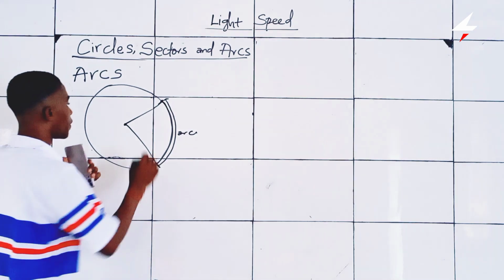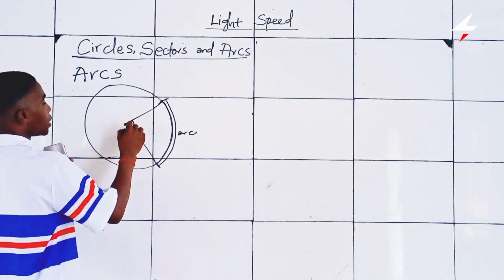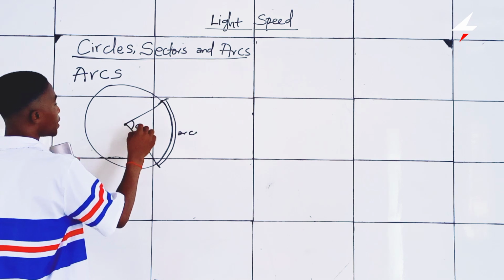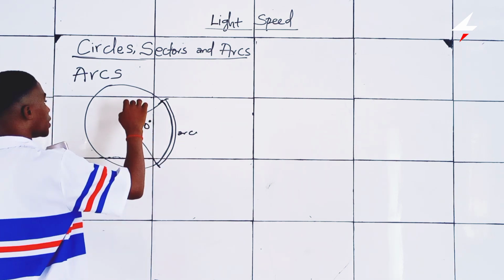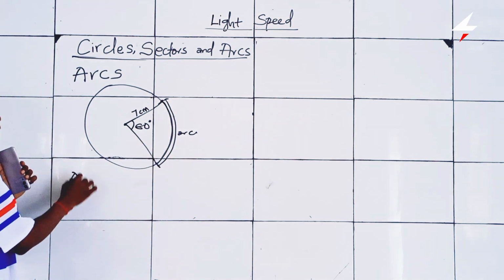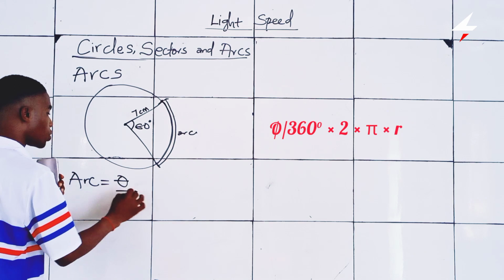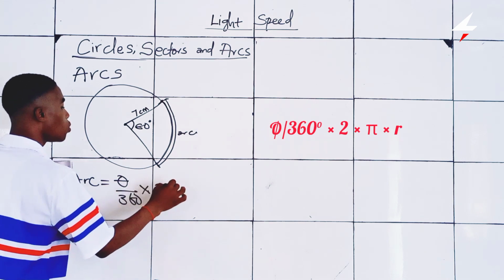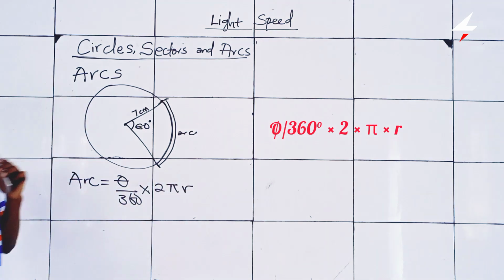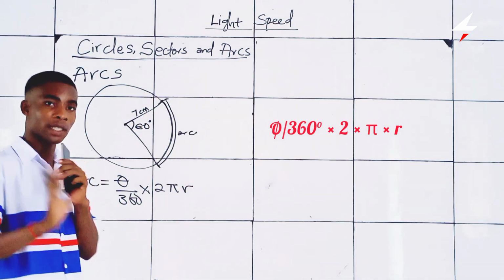Okay, let's do that very fast. Imagine we're given a question where the angle at center is 60 degrees and the radius is 7 centimeters. The formula for calculating the arc of a circle is theta over 360 times 2 pi r. Taking note, it's almost like the formula we use in calculating sector, but it's kind of different.